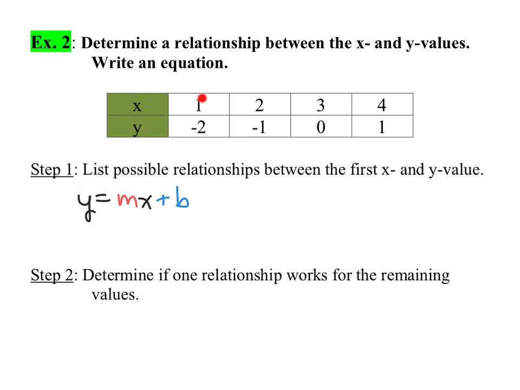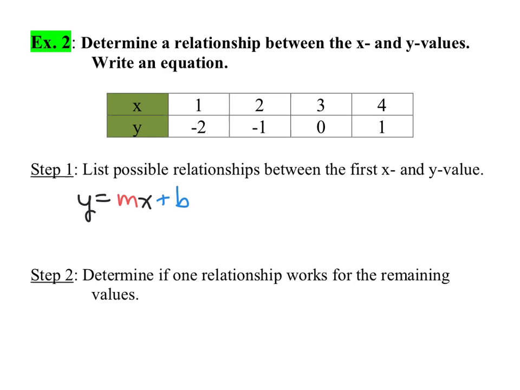And how would we go from 1 to negative 2? Well, we're going backwards, or we're reducing the number by 3. So if we took 1 and subtracted 3, we'd get negative 2. 2 times 1 is 2, minus 3 is negative 1. 3 times 1 is 3, minus 3 is 0. 4 times 1 is 4, minus 3 is 1. So, step 2 says determine if one relationship works for the remaining values.